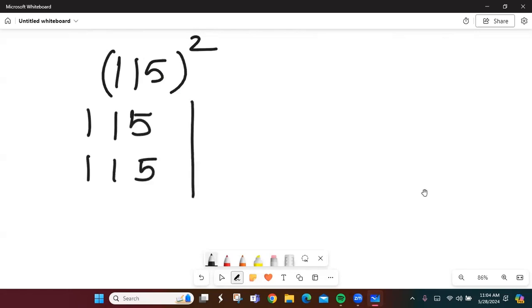Now 115 is 15 excess than 100. So write 15 here and 15 here. So multiply 15 and 15, which gives you 225.